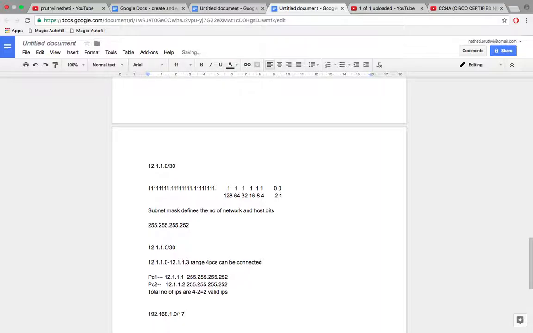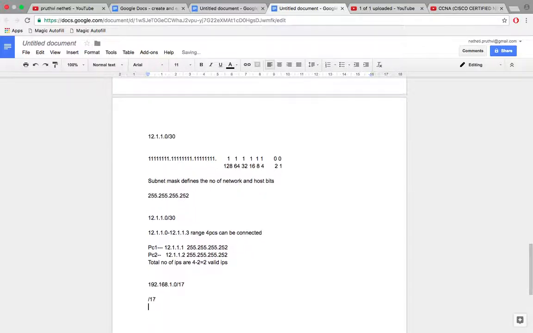Now let's write how /17 looks. First octet full 8, second octet 8 full, 16 over, plus 1, 17. Rest all zeros, 18 to 32. So this is the representation for /17.